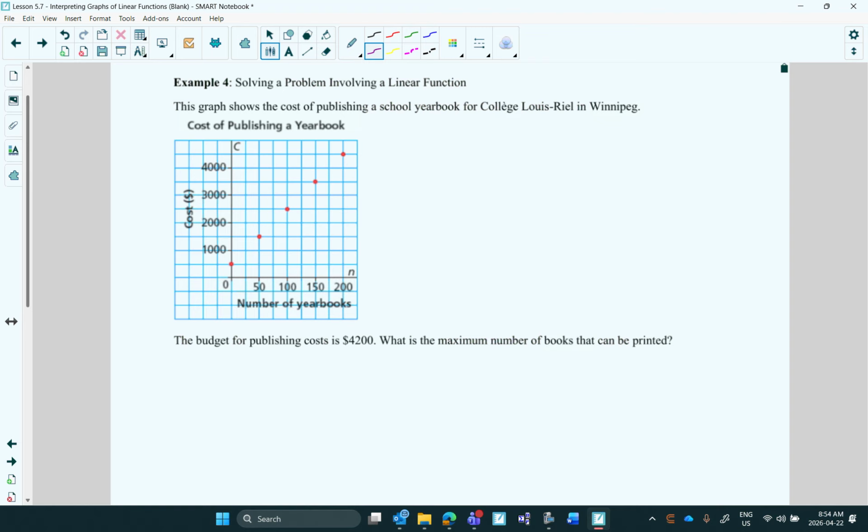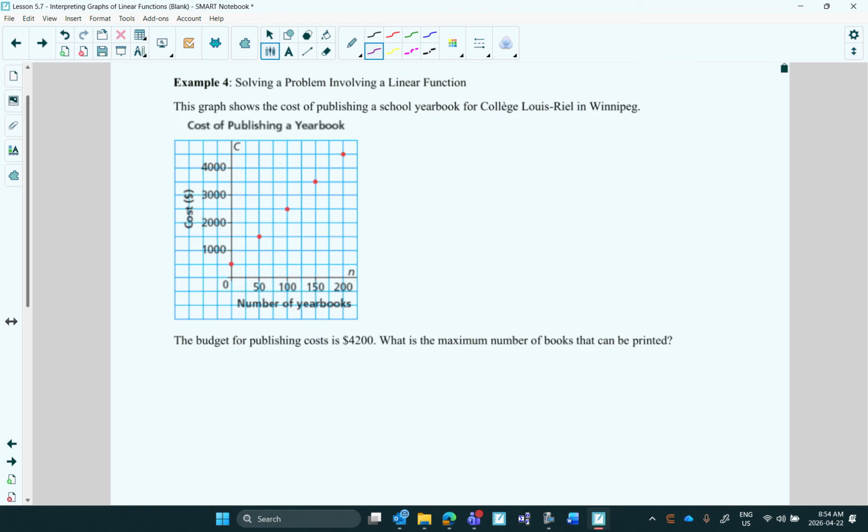So we've got a graph showing the number of yearbooks on the x-axis, called n, and the cost of the yearbooks, or capital C. So we see that if you printed 0 yearbooks, how much is it going to cost you? $500. So if you don't print any yearbooks, it's going to cost you $500. If they print 50, it's going to cost 1,500, etc.